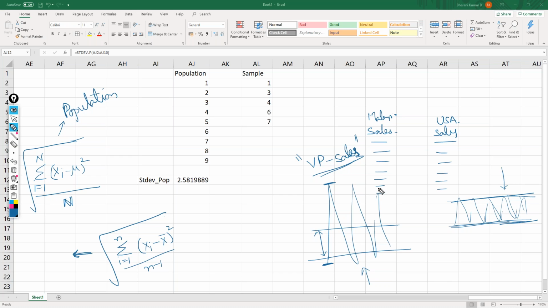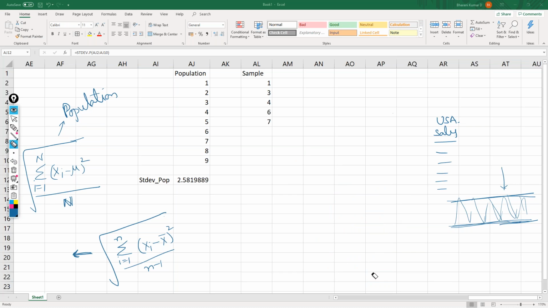These are all used to take business decisions. For giving bonus to your vice presidents, somewhere if the fluctuation is less, that means they have streamlined the processes. So you might want to give more bonus to your vice president of sales or head of sales.